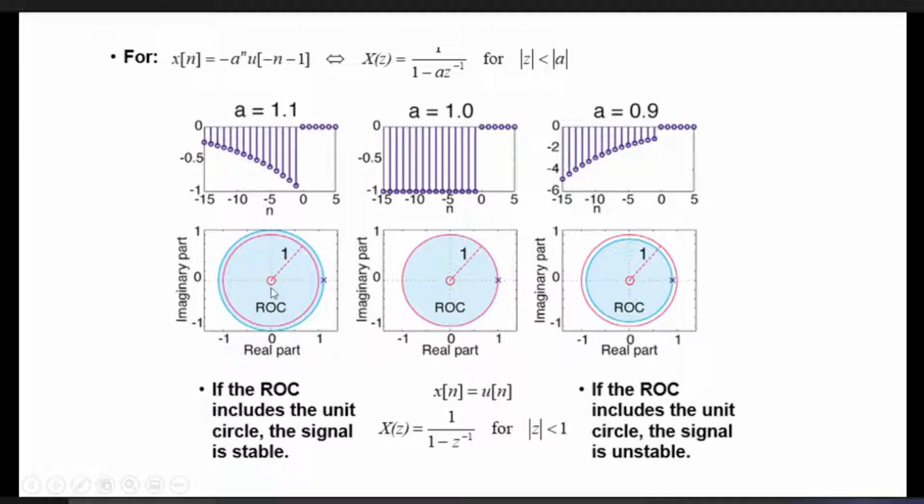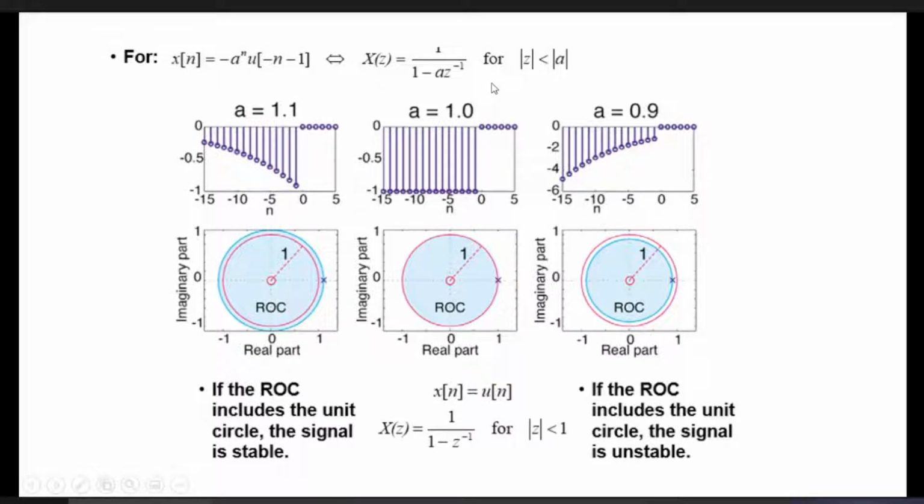So now coming to the equation, the signal plot. The signal is minus A to the power n, u of minus n minus 1. As n increases in the negative direction, that is -1, -2, -3, the power of A, where A is 1.1, decreases.